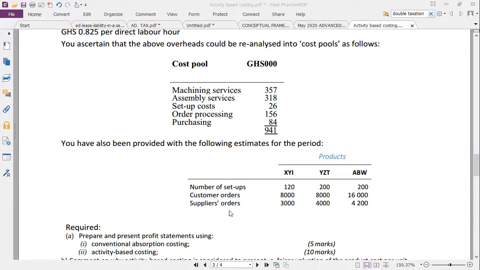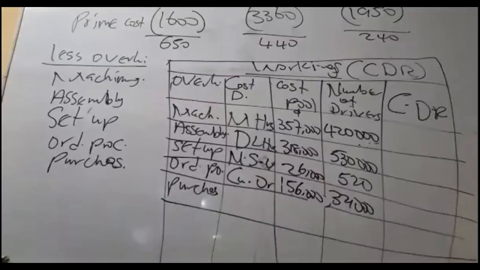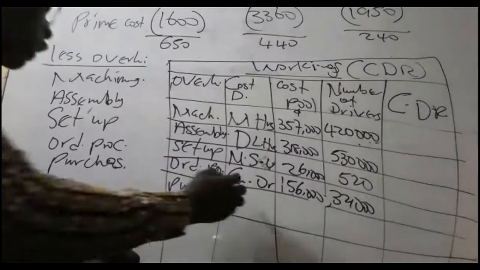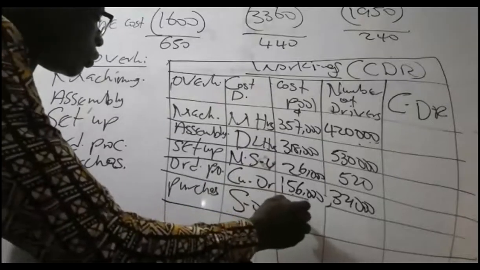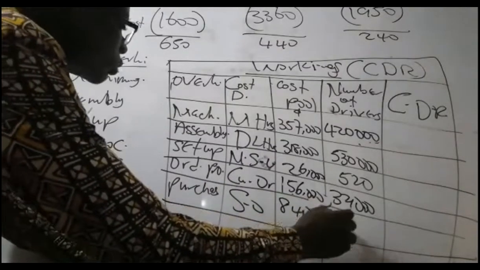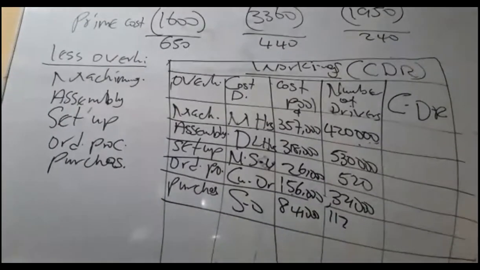Then you pick supplier orders. 3,000 plus 4,000, 7,000, plus 4,200. That's 11,200. So here is supplier orders.